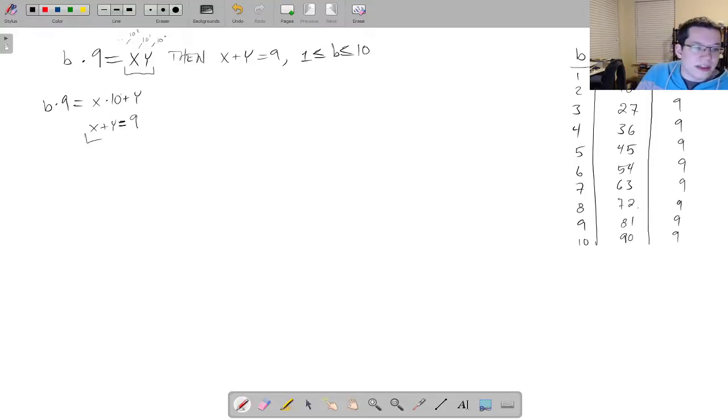Let's solve this. We'll solve it for y and substitute in to get this in terms of x.